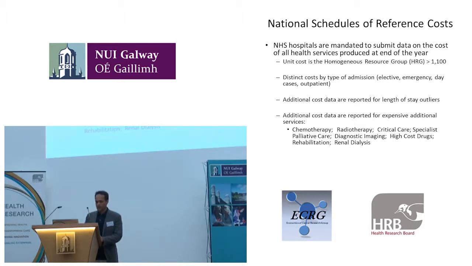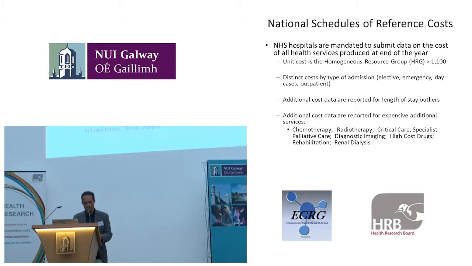And then there's a distinct cost that is reported for each of these HRGs, according to the type of admission, whether it's an elective, an emergency, or a day case admission, or an outpatient visit. Also, additional costs are reported for a patient who exceeds a length of stay threshold.